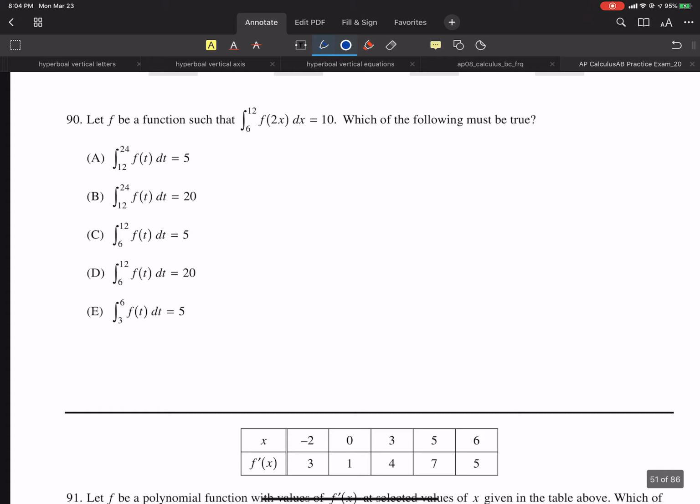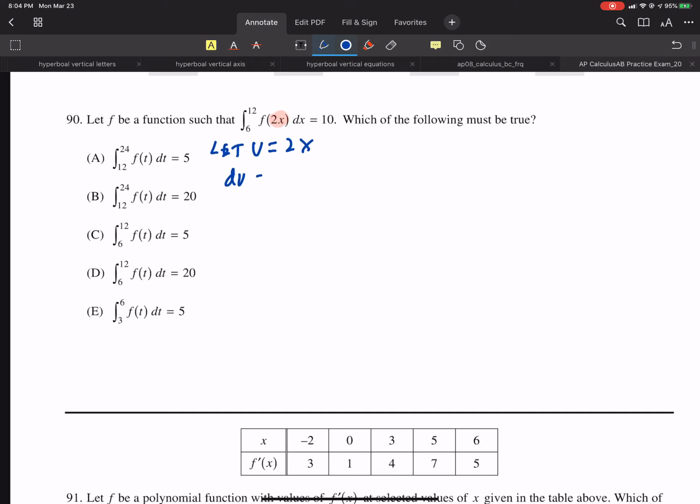All right, number 90. Here's a problem. This is our problem. f of x, that's fine and dandy, but this is not x, it's 2x, and our variable's x, so we have to rewrite this and let u equal 2x.